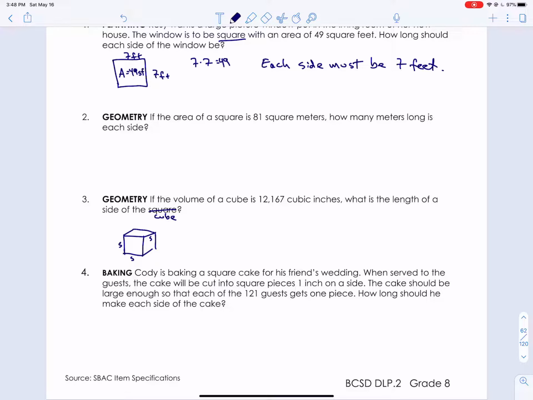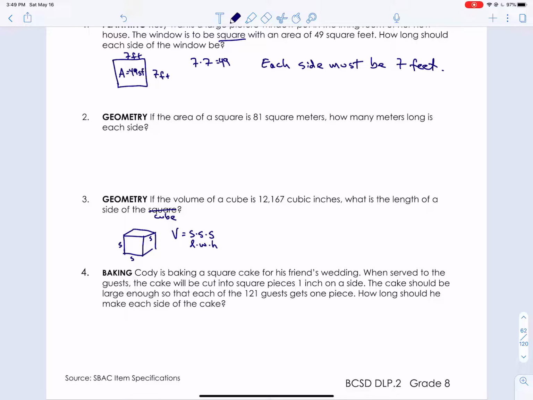Remember, the volume for a cube is side times side times side, or length times width times height. So what number will we multiply by itself 3 times to get 12,167? We did 20 times 20 times 20 on a previous problem, and that was 8,000. So it has to be bigger than that, because we've got to get up to 12,000.